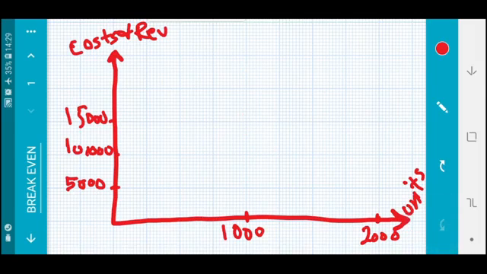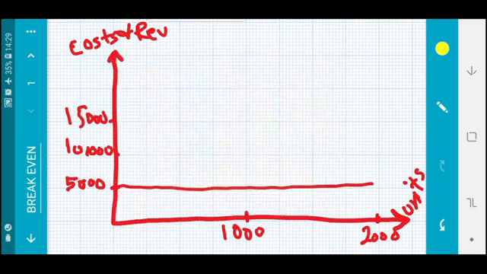So now I start drawing the lines immediately. The fixed cost is simple. I have a fixed cost of 5,000 at any level of output, so the fixed cost will look like this. This is the fixed cost. Let me just change the color. Okay, so I label it: fixed cost.